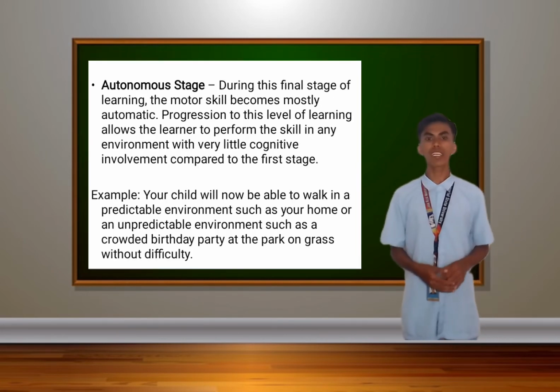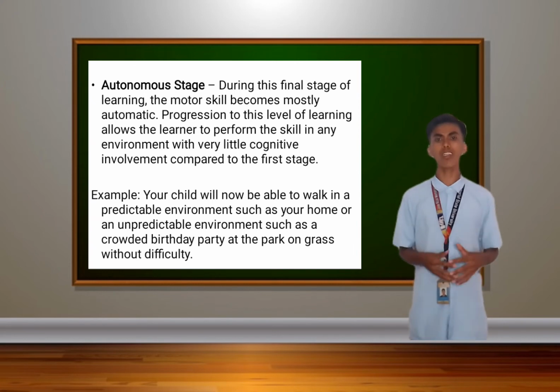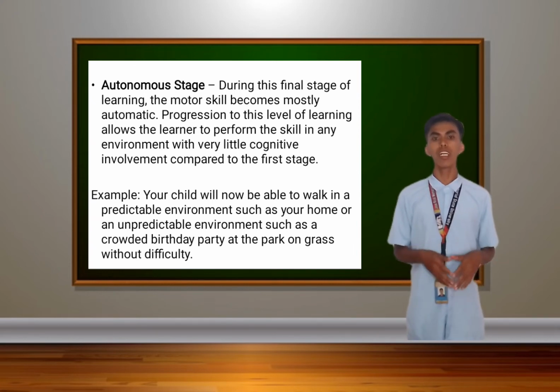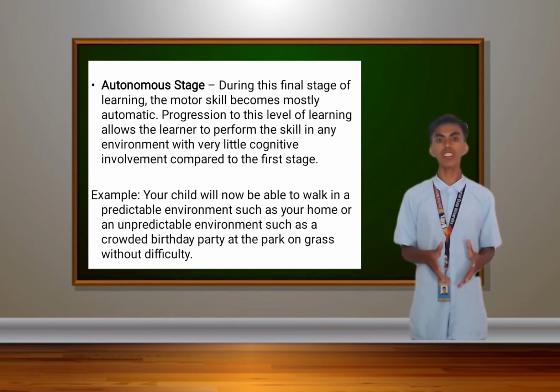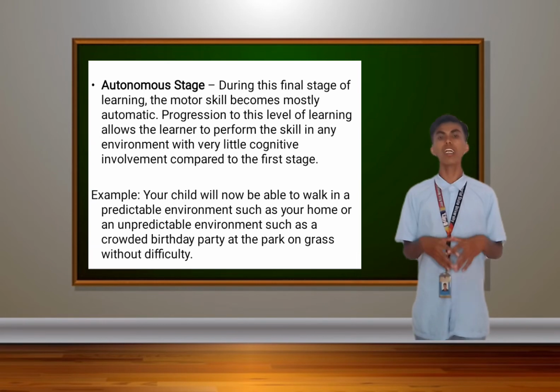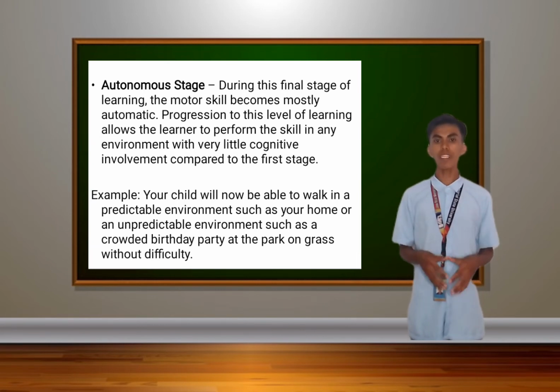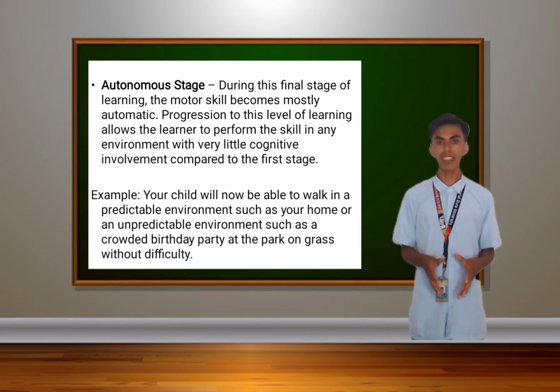Next stage, class. Autonomous stage. What is autonomous stage, class? During this final stage of learning, the motor skill becomes mostly automatic. Progression to this level of learning allows the learner to perform the skill in any environment with very little cognitive involvement compared to the first stage.